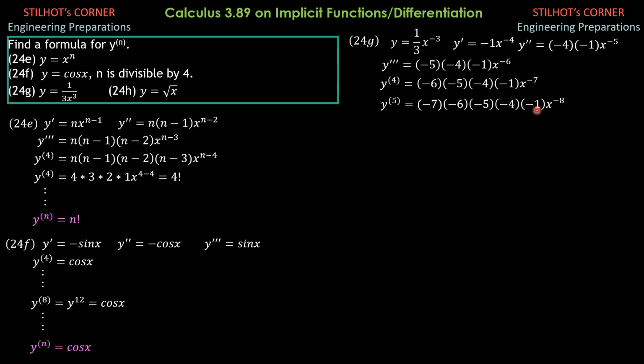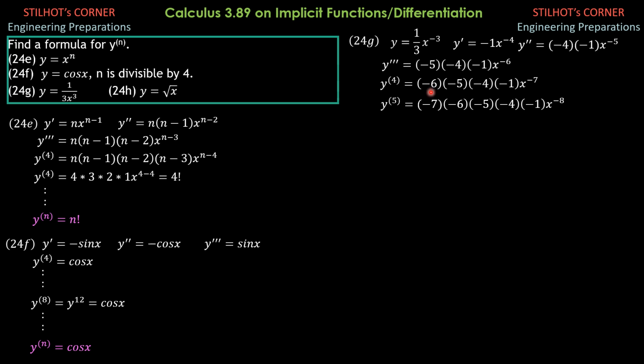but these are negative values. So if n is even, there will also be an even number of negative factors, so we know that the product is positive. So there should be a factor which will shift the sign from positive to negative, and it is negative 1 raised to n.